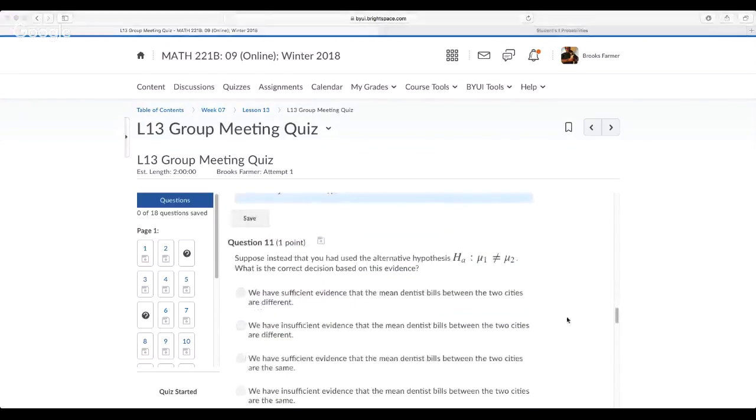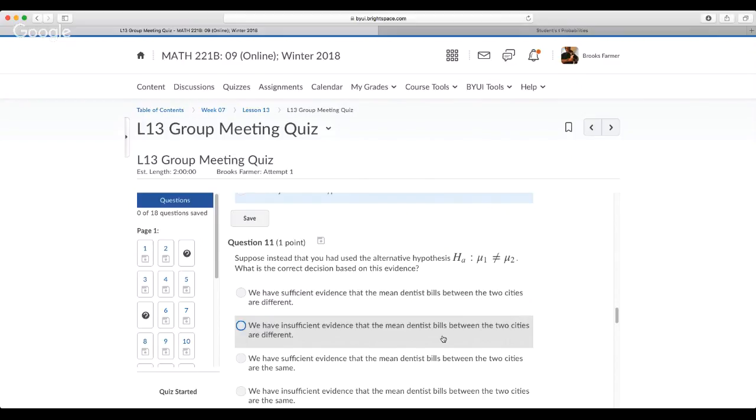All right, now we can change it to not equal to. It's gonna be B, right? What is the correct conclusion?